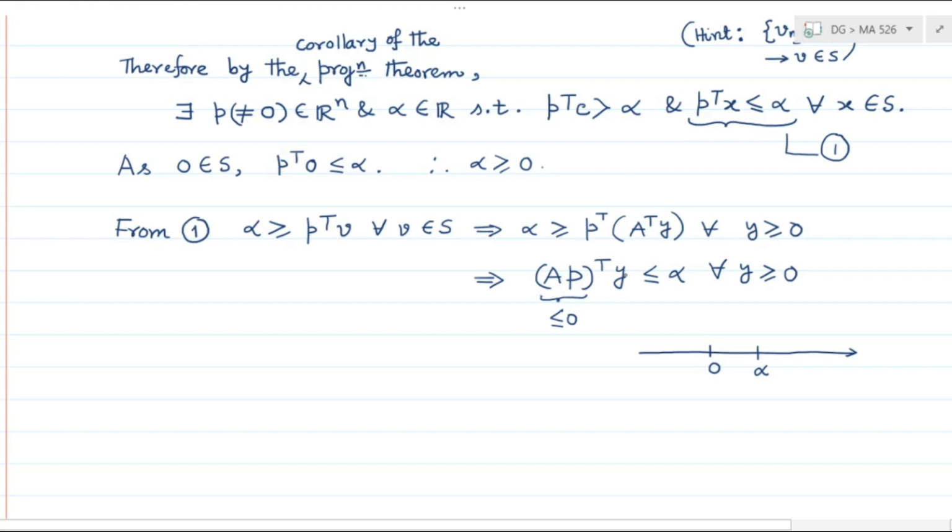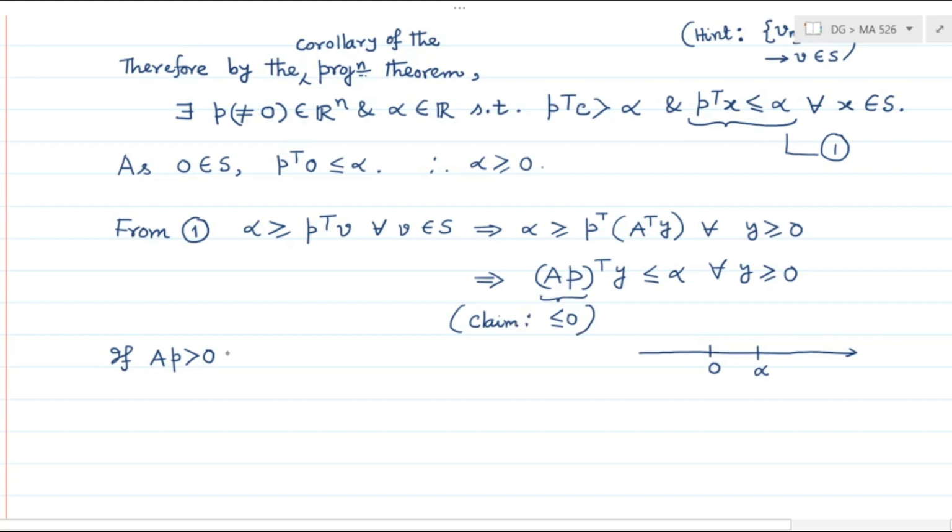As y is a variable, you can make it arbitrarily large, and therefore the entire quantity will blow up and at some choice of y it will exceed alpha. Let me be very precise. If AP is greater than 0, then here we claim that AP must be less than or equal to 0.